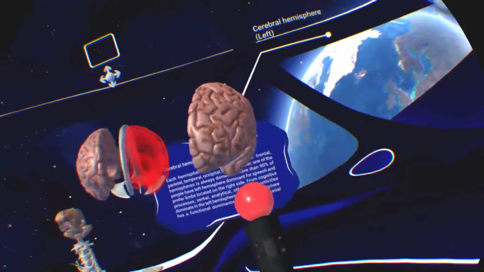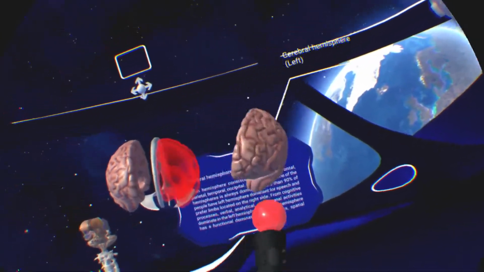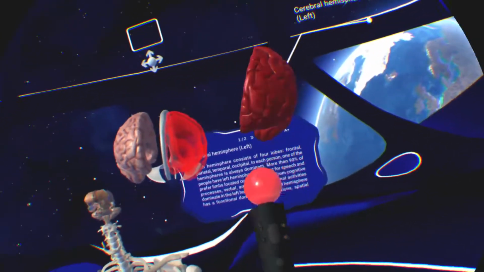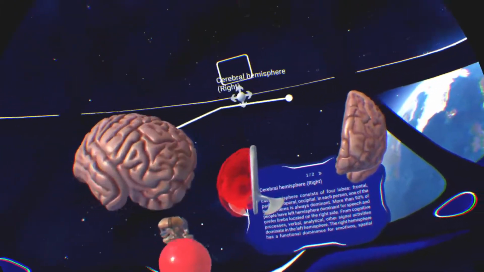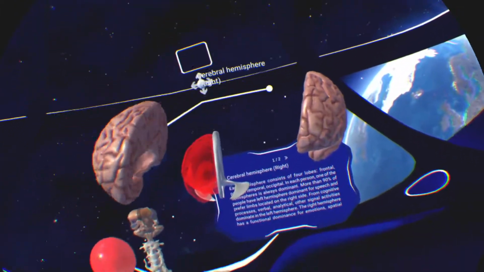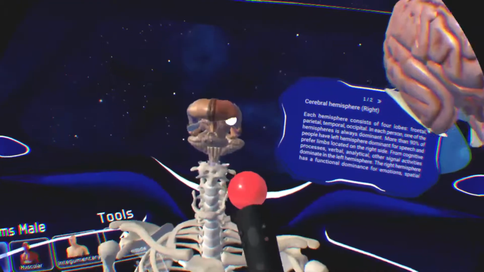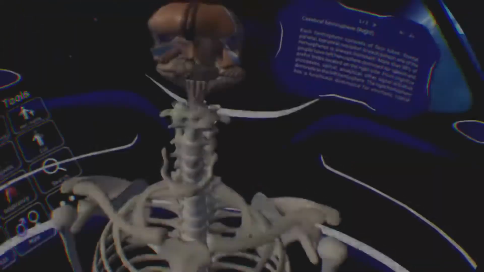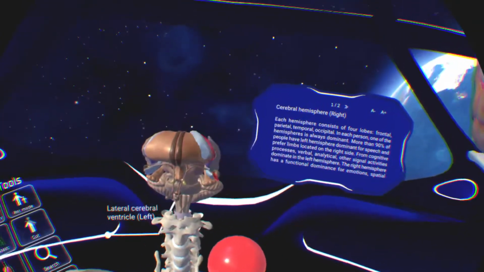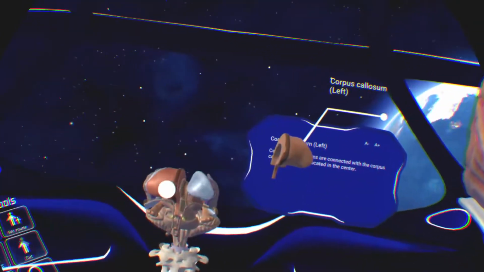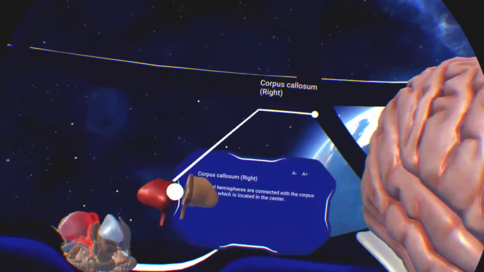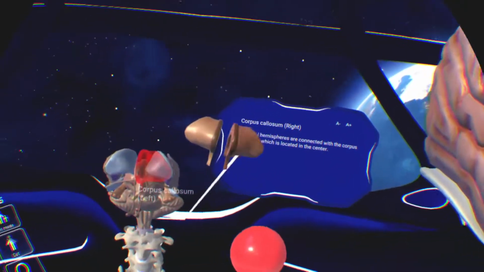Okay, this is the cerebral hemisphere, the left hand side part, and the right hand side part is around here. These are the corpus callosum.